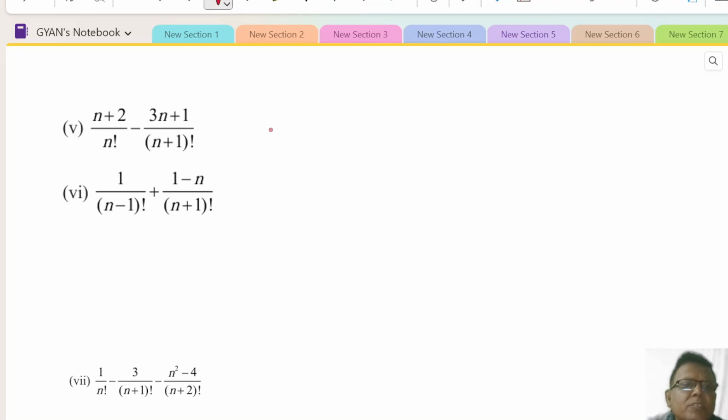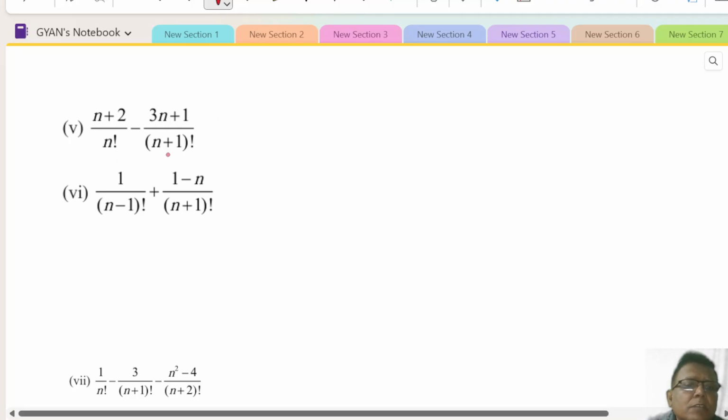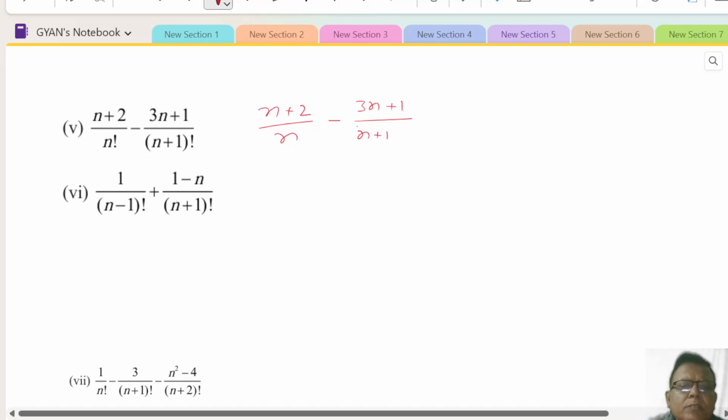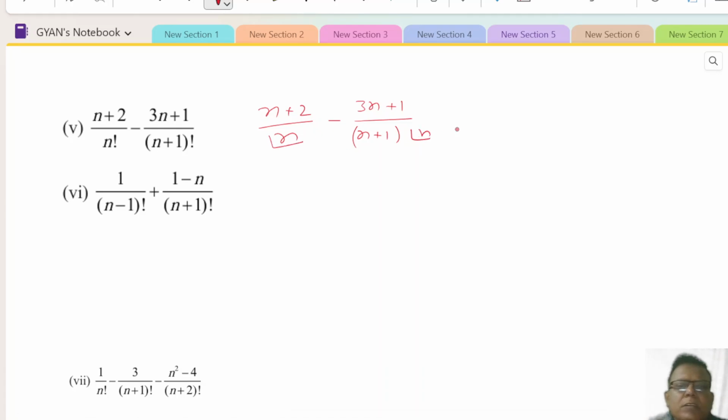Solve a few more questions. So here n plus 1. So that we can write n plus 2 divided by n, 3n plus 1 divided by n plus 1, into factorial n. This is also factorial.